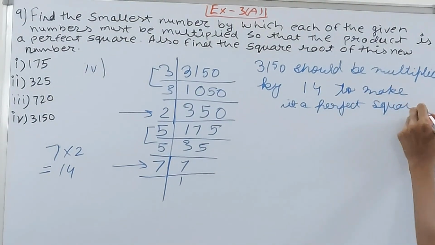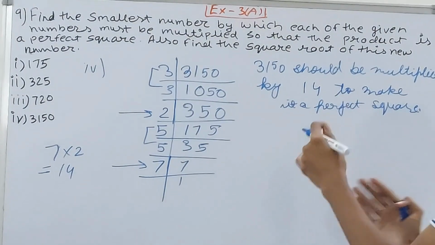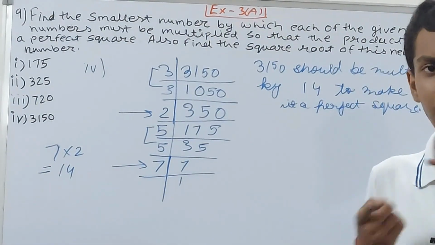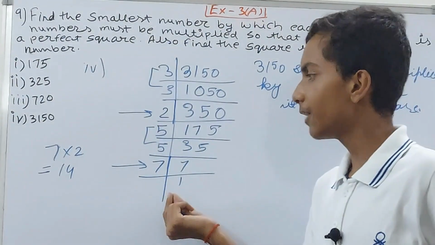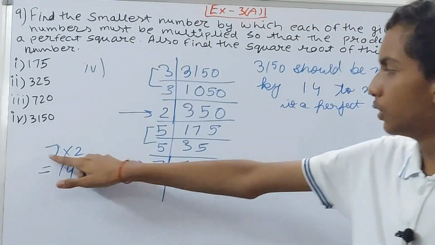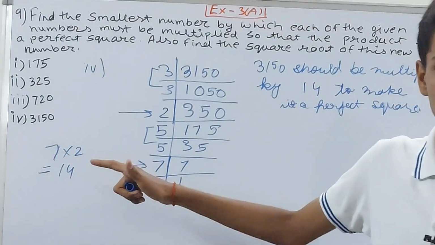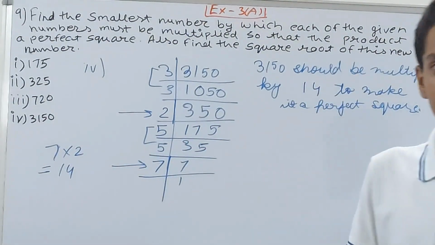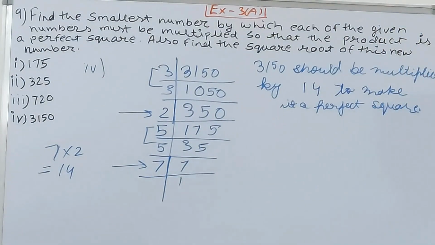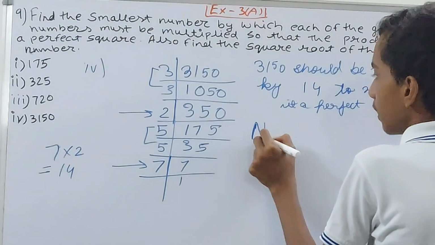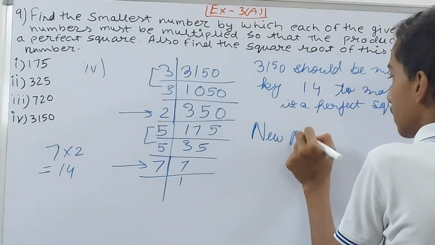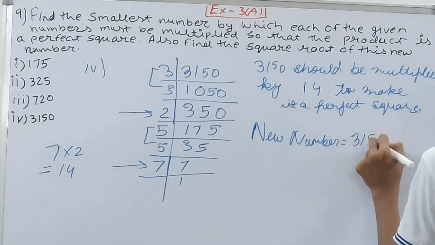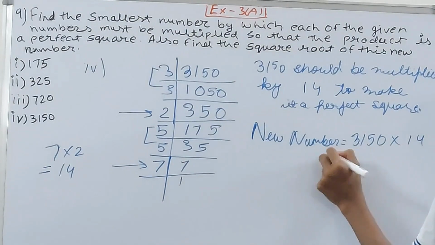So most of the time what was left out, any one number was left. In the last 3 questions only one number was left. Here 2 numbers are left out, so in such case you will just multiply both the numbers, and whatever you get, that will be the number that should multiply your number to make it a perfect square. Now new number, right? 3150 into 14, right?